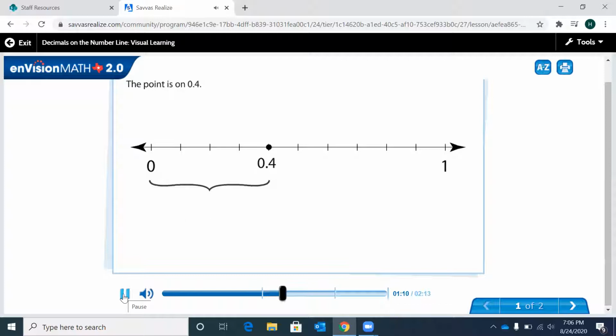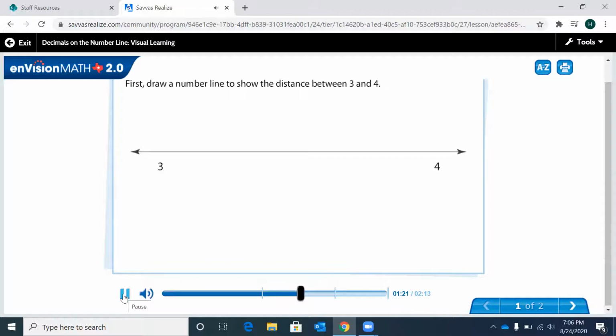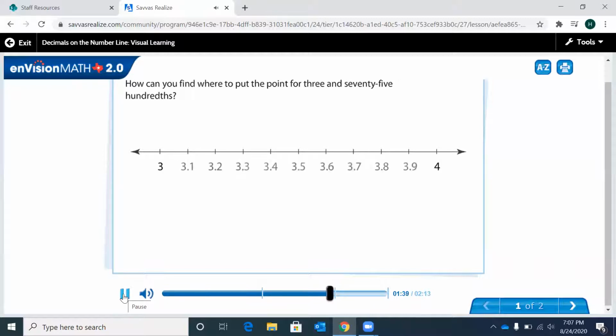The point is on 4/10. Locate 3 75/100 on a number line. First, draw a number line to show the distance between 3 and 4. Then divide the distance from 3 to 4 into 10 equal parts to show tenths. How can you find where to put the point for 3 75/100?